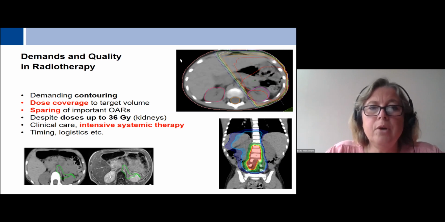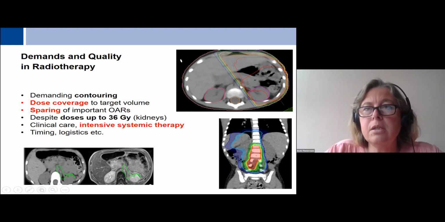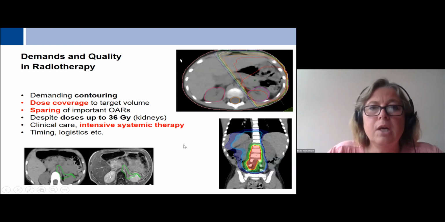We need to spare important organs, which are typically close to the target. And we have to deliver doses up to 36 gray for residual disease. In addition, we have intensive systemic treatment, which may also impact the feasibility of the overall treatment. Therefore, old-fashioned techniques like this one may not be sufficient to achieve our goals.